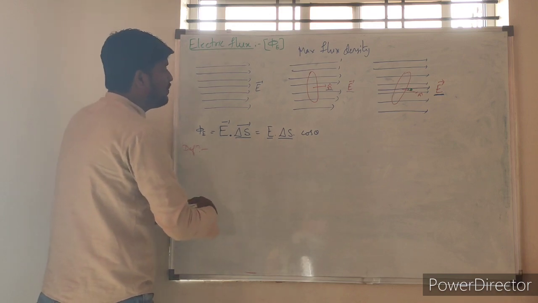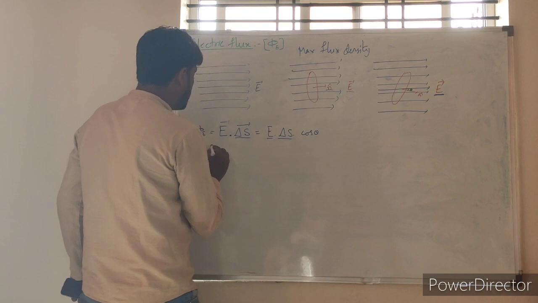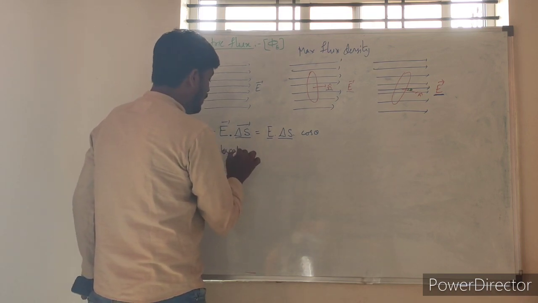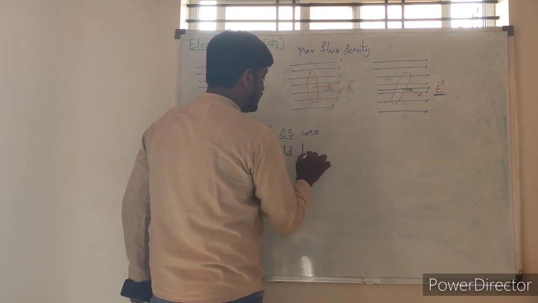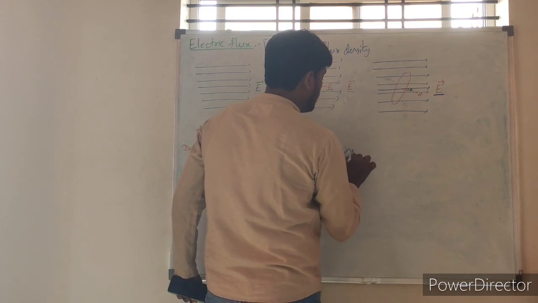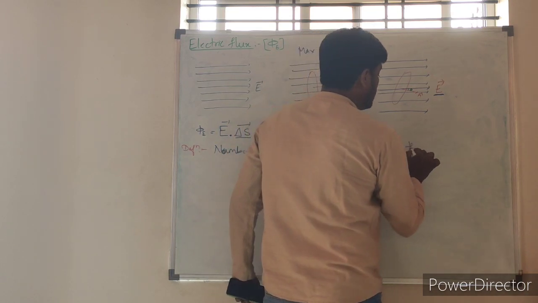The definition says: electric field lines are there, and they are passing through a particular area. That means the number of field lines passing through the area.